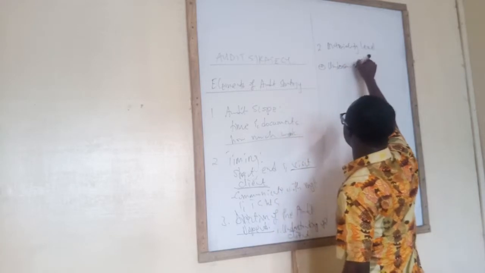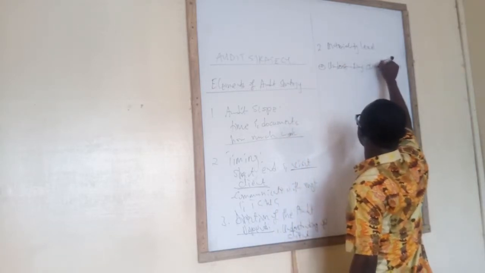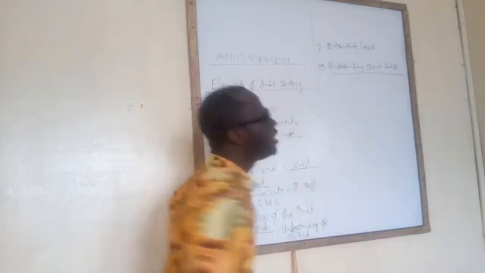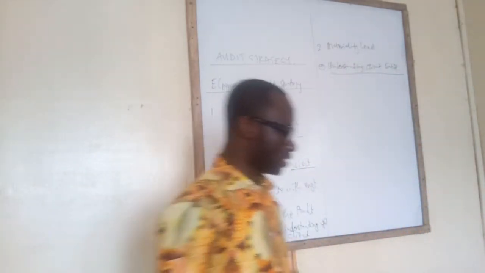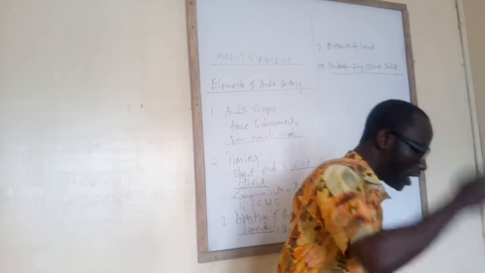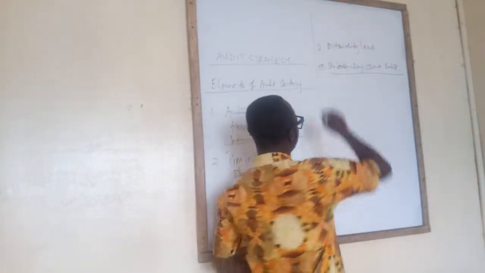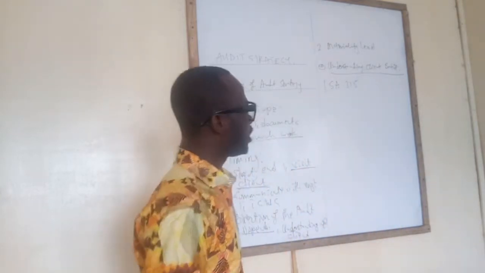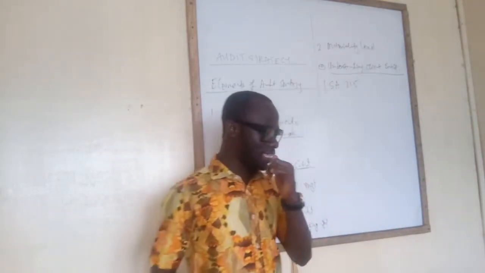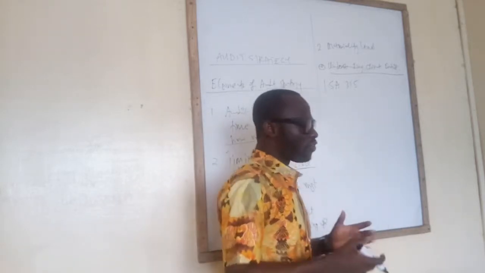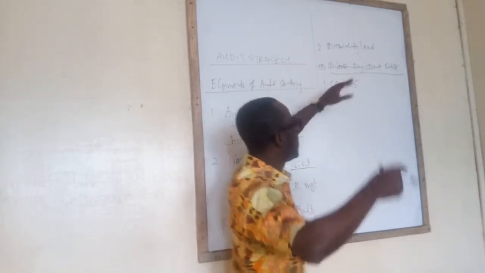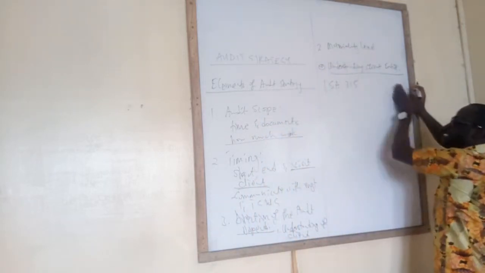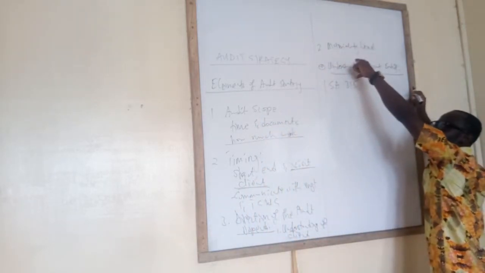Now, when we talk about understanding of the client entity, it's very important for us to have a deeper understanding of the client entity. According to ISA 315, that is International Standard on Auditing 315, in order for us to assess the risk of material misstatement, the audit team must understand the client entity.